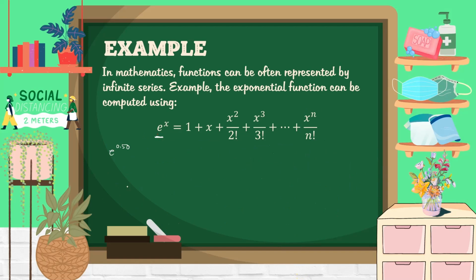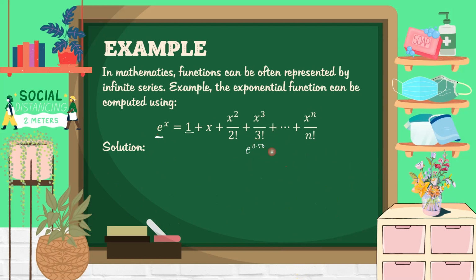If we have an example of e raised to 0.5, we are going to calculate the approximate percent and the true percent relative errors, starting with the simplest version, e raised to x equals 1. Add terms one at a time to estimate e raised to 0.5, wherein after each term is added, compute the true and approximate percent relative errors respectively.